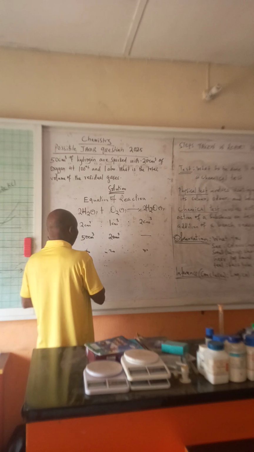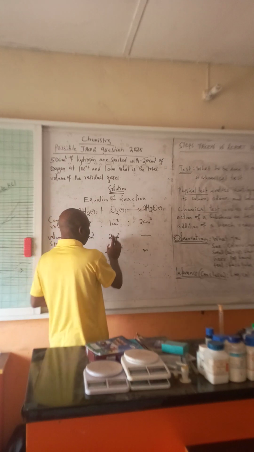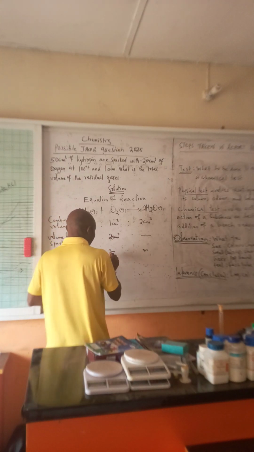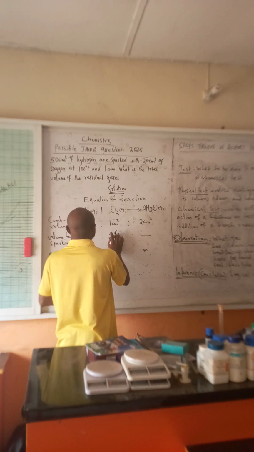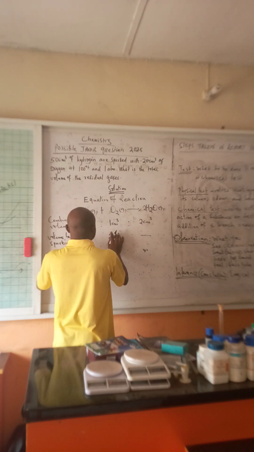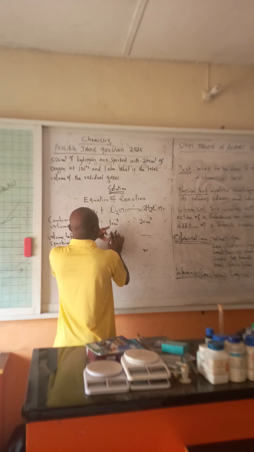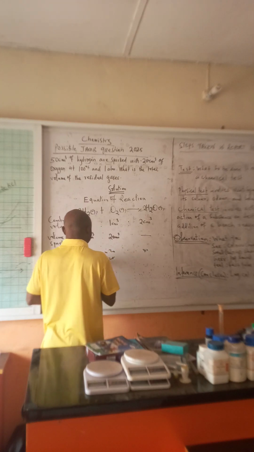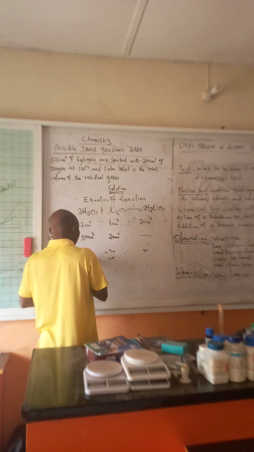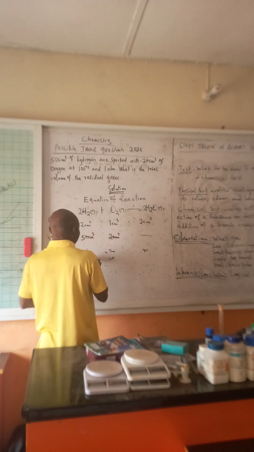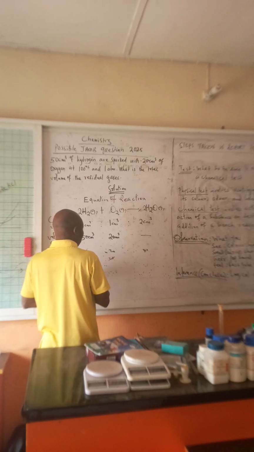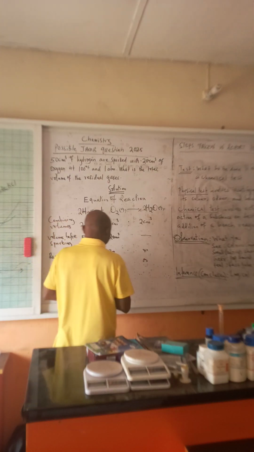But if you limit oxygen, let's say the hydrogen becomes x, x times 2 gives us 2x. Then 50 times 1 gives us 50, which means here will be 25. If that is 25, the steam becomes x: x times 1 is x, then 25 times 2 is 50, which means here also gives us 50.